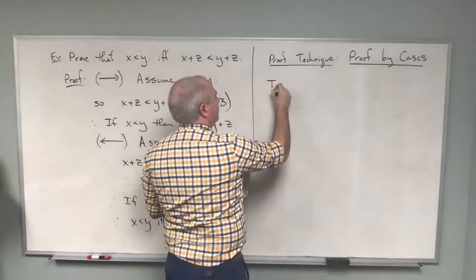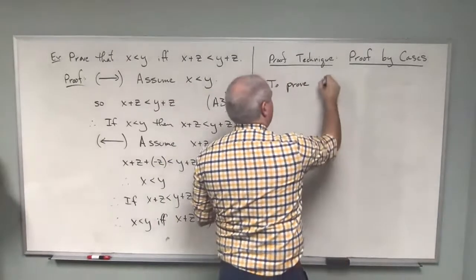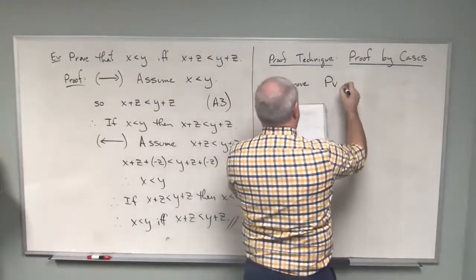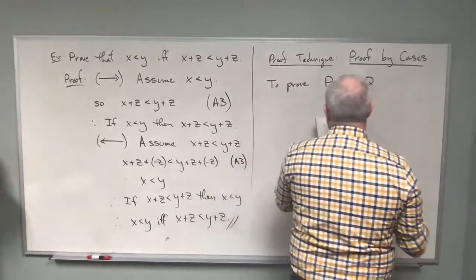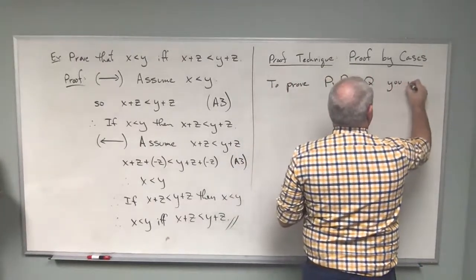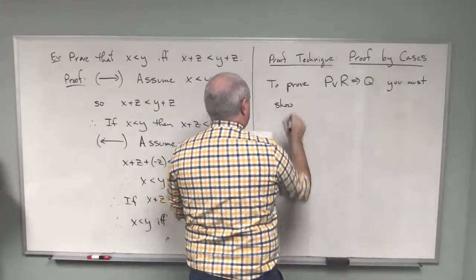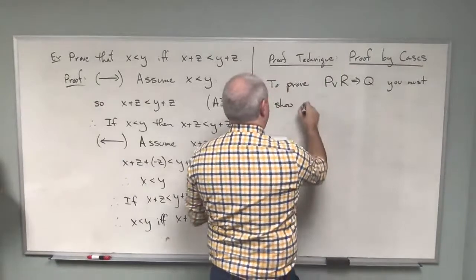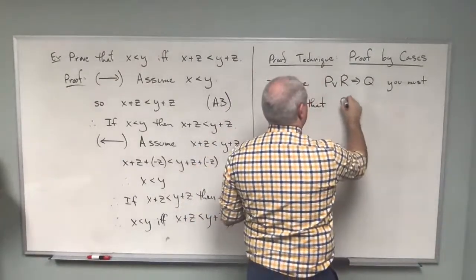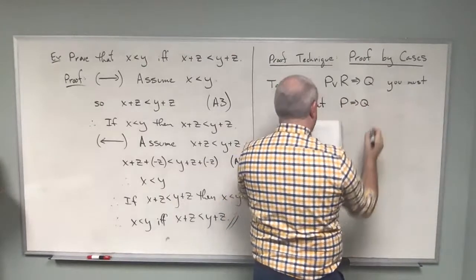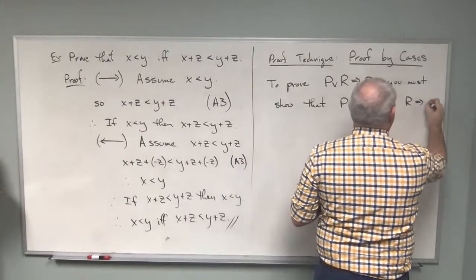So to prove that P or R implies Q, you must show that P implies Q and R implies Q.